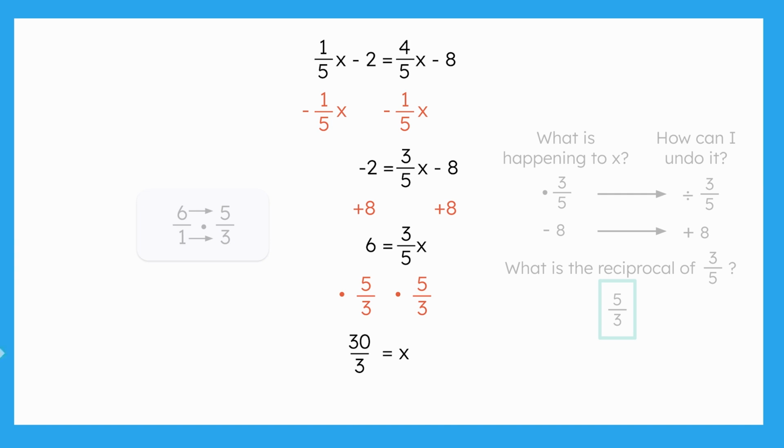Can 30 over 3 be simplified? Yes. 30 and 3 have a common factor of 3, so this reduces to 10 over 1, or just 10. So, x equals 10, and those are the next 2 digits of our passcode.